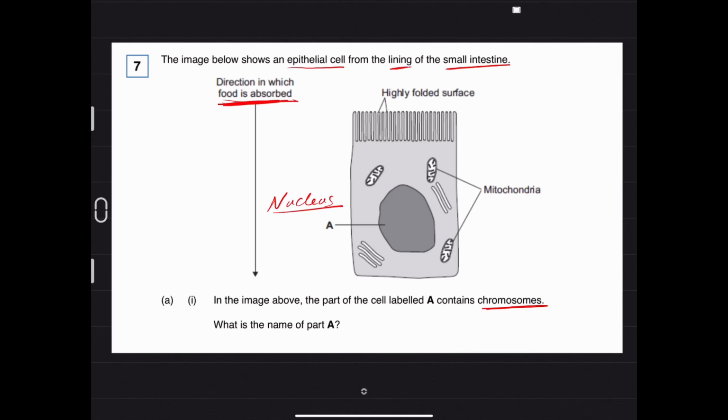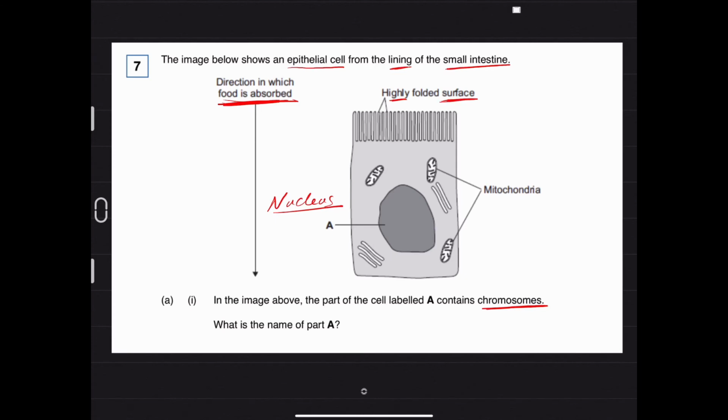And here they've also talked about it having a highly folded surface. So there's a clue there. The examiner is giving you a clue, asking you to focus your attention at this region of the specialized cell, and also giving you a clue by using the word surface.